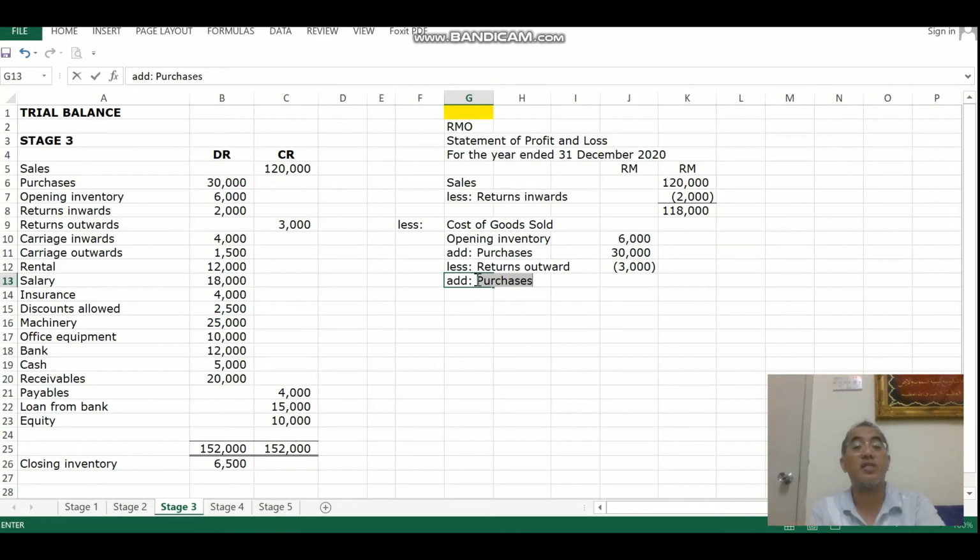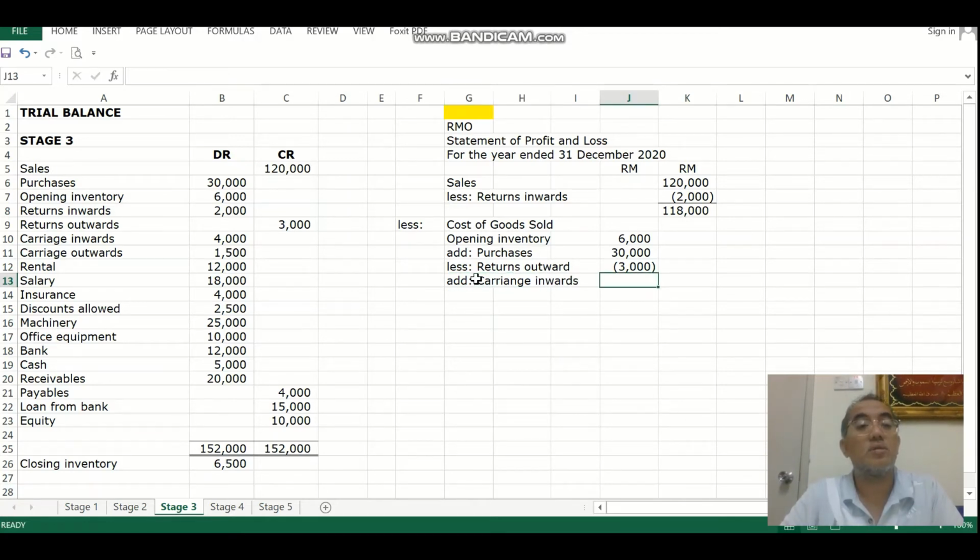The courier charges is 5 ringgit. Then the cost of your scarf is 10 plus 5, so the total that you need to pay is 15 ringgit just to put the scarf on your head. So I add carriage inwards. How much is my carriage inwards? 4,000.